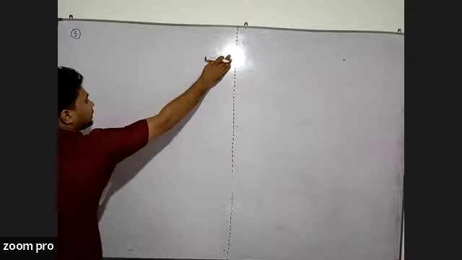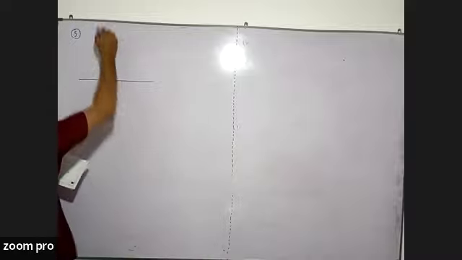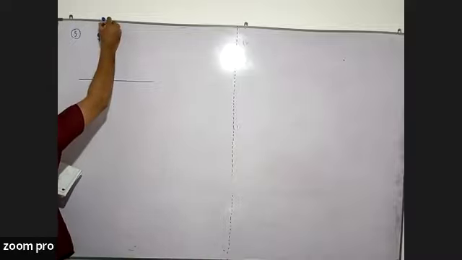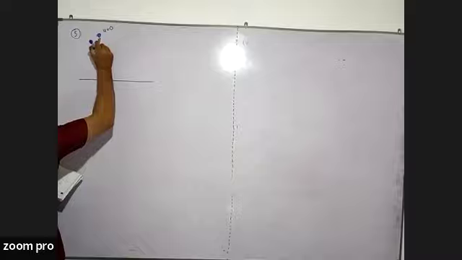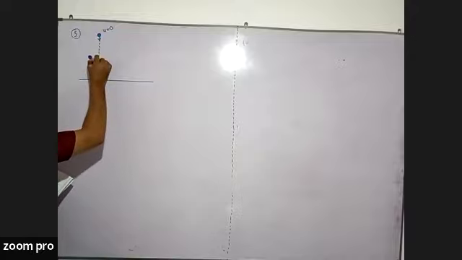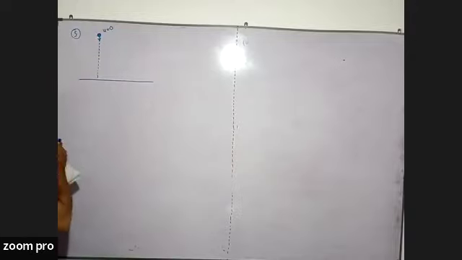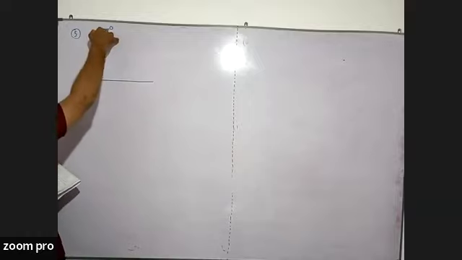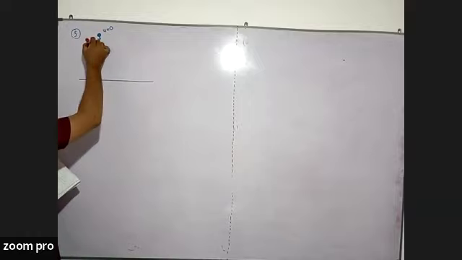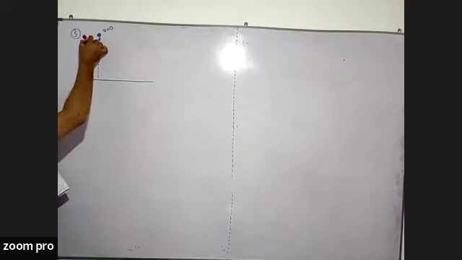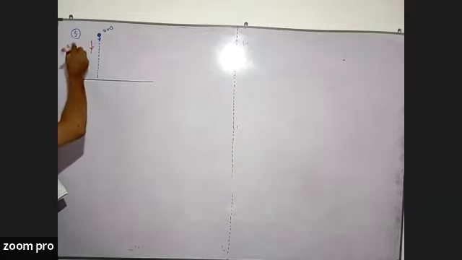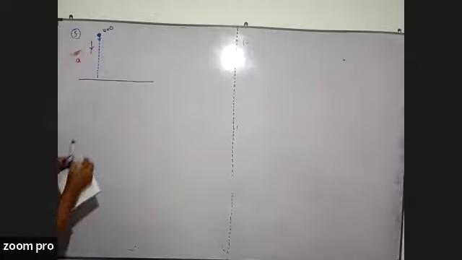If I draw a diagram for this question, the object is dropped, which means the initial velocity is equal to 0. When the object moves vertically downwards, the velocity is directed downwards and is getting increased. That means it's acceleration.